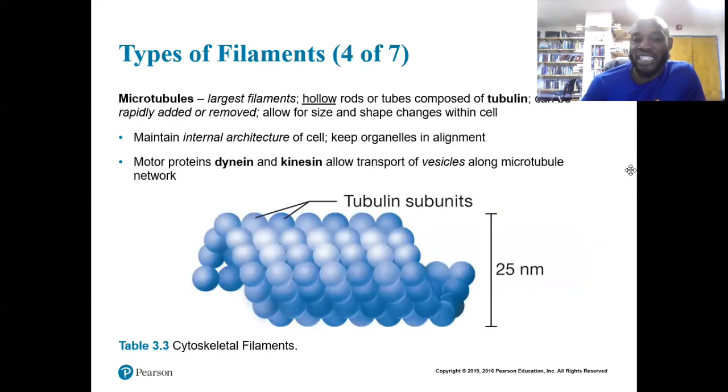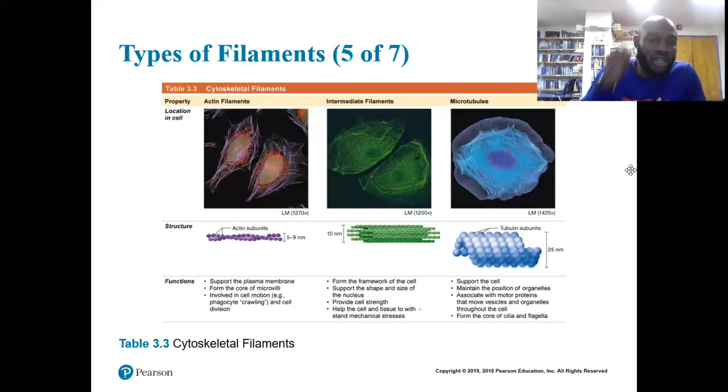They have the motor proteins dynein and kinesin, which allow transport of vesicles. Transport of vesicles is necessary for your endocytosis and exocytosis. And these are images and a listing of the different functions of the 3 different types of cytoskeletal filaments.